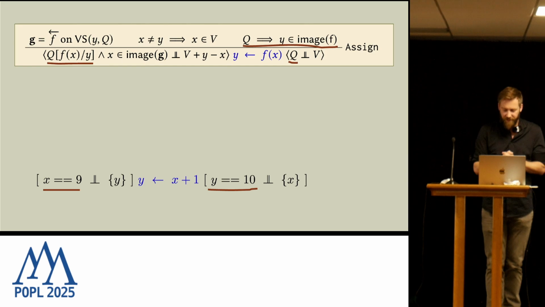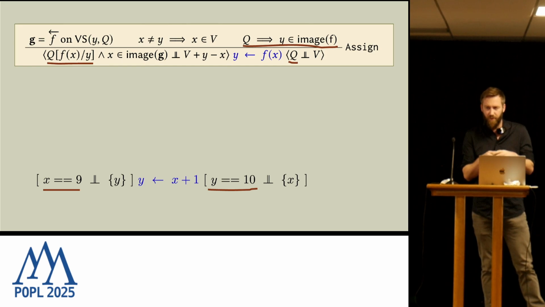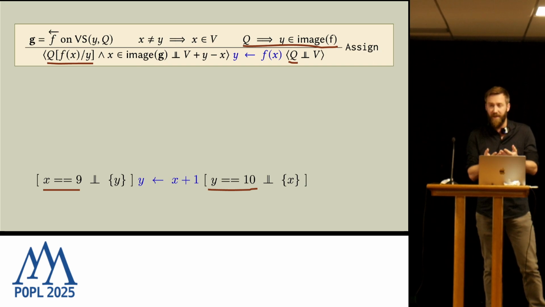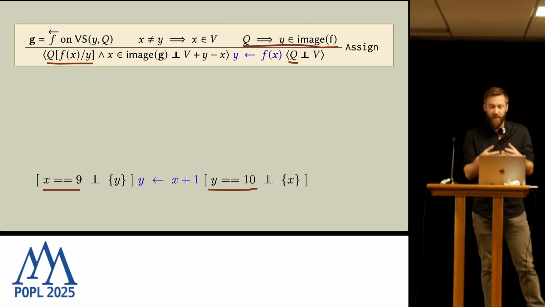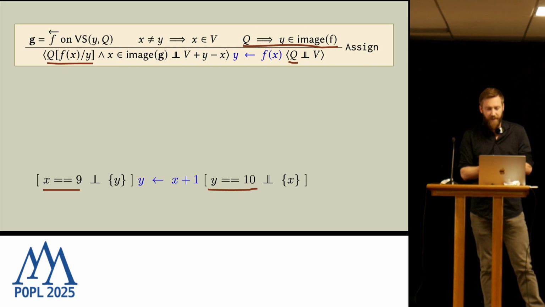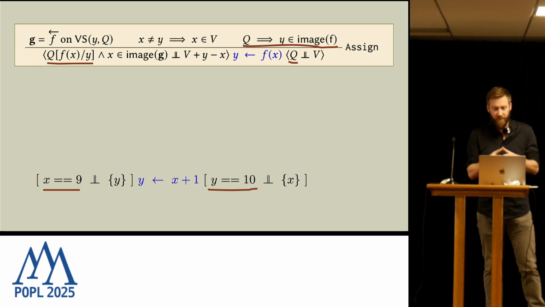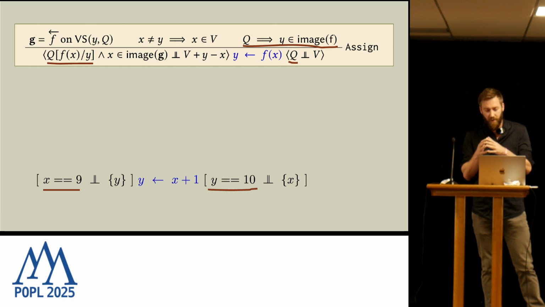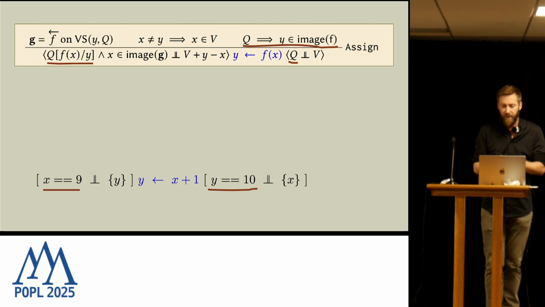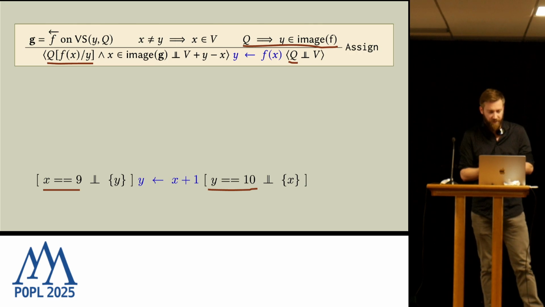Well, if this is not the case, that means that Q models some state where Y is not in the image of F. In other words, Y cannot be computed using this function F. It cannot possibly be an output of function F. And that would mean that Q models at least one state which is unreachable. And since incorrectness logic reasons over triples where all result states must be reachable, this side condition is necessary.